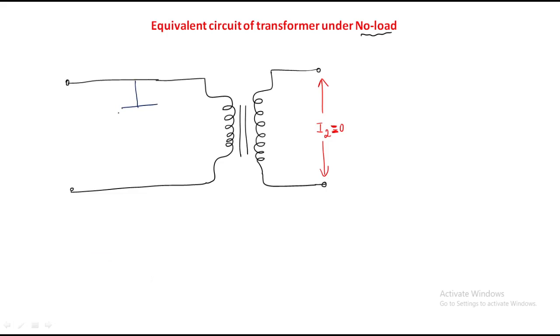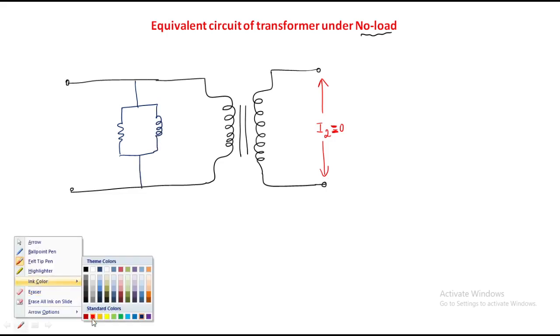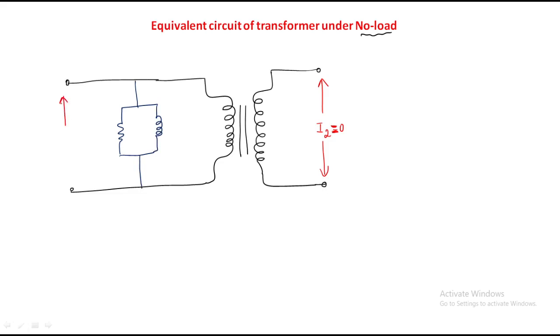So we have a resistive branch and a reactive branch which are connected in series, right? Then we have a supply voltage of V1, and because of this we have I0 only. There is no current through the secondary, since the secondary is open circuited.